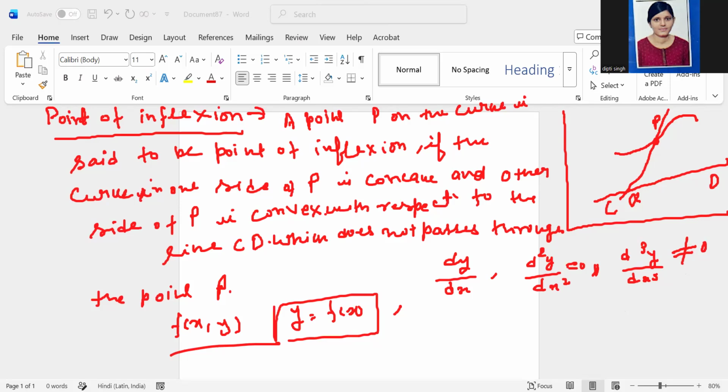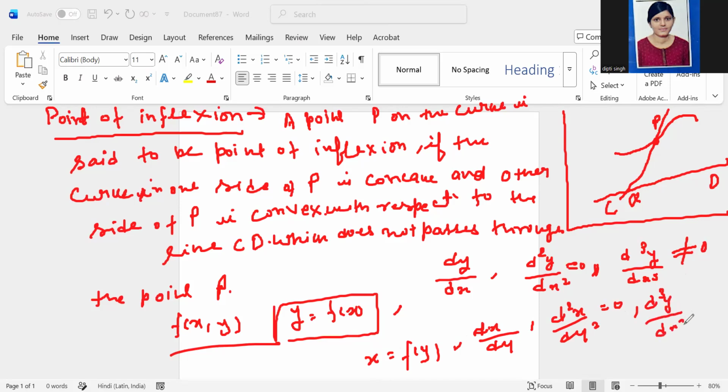If x is a function of y, then similarly we can calculate dx over dy, the second derivative d2x over dy square, and the third derivative should not be zero. So this is the way to calculate the point of inflection of the curve. Is it clear now?